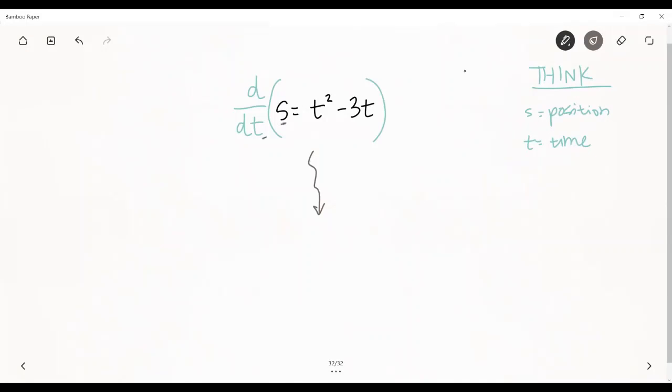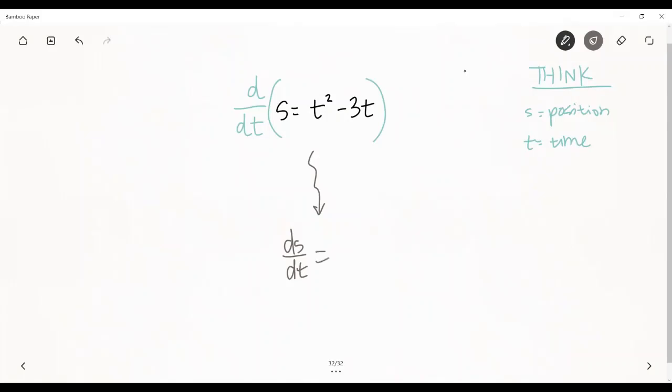Because s and t are not the same, I know I'm not trying to do any rules, right? I'm just saying, hey, I'm going to have ds dt. These are different variables. So this is how we write it, which looks like what I would expect to see, because that looks like my delta s over delta t for a regular rate of change.